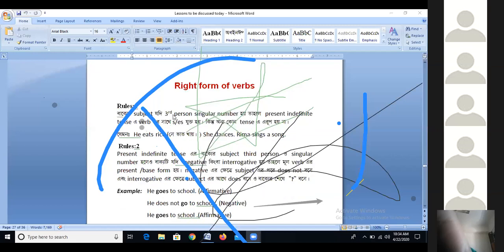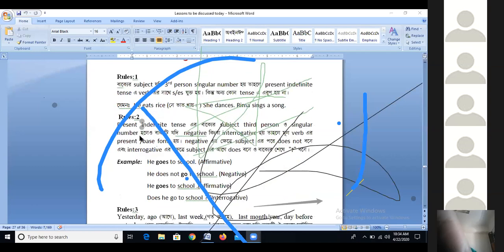If the subject is third person singular, বাক্যের subject যদি third person singular না হয়, তাহলে present indefinite tense এ ভার্বের সাথে s by s. You know all these rules. Second rule, present indefinite tense এ বাক্যের subject third person ও singular number হলেও বাক্যটি যদি নেগেটিভ হয় বা ইন্টারোগেটিভ হয়, তাহলে মূল ভার্বের বেস ফর্ম বা প্রেজেন্ট ফর্ম.